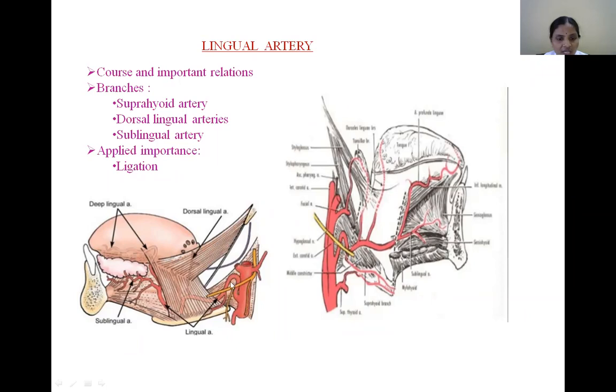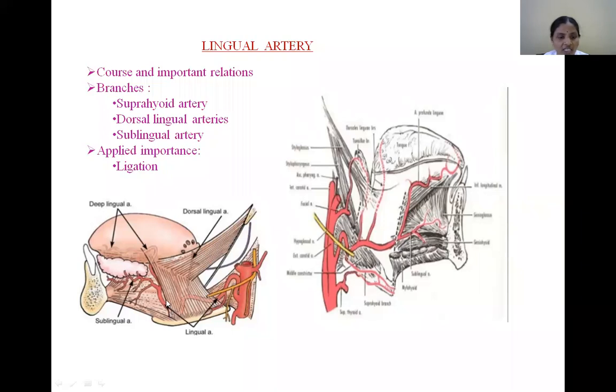Then the first segment extends up to the origin of this quadrilateral muscle. What is this muscle? Hyoglossus muscle. So up to the posterior border of the hyoglossus, this is the first segment. Then on reaching the muscle, it passes deep to the muscle along the inferior border of the hyoglossus. That is the second segment.